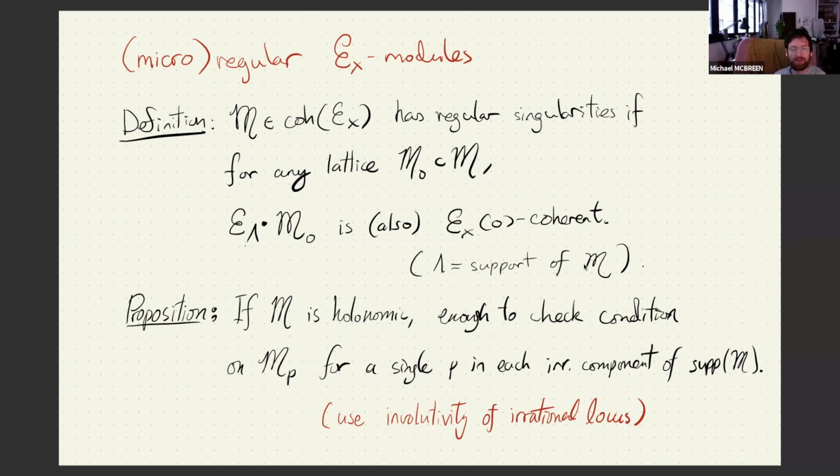A priori, if you act on your lattice by E lambda, you could get something much bigger. You might even get the whole thing, for instance if you started with an irregular singularity. But we say our EX module has regular singularities if what you get is still coherent with respect to the order 0 part, microdifferential operators.